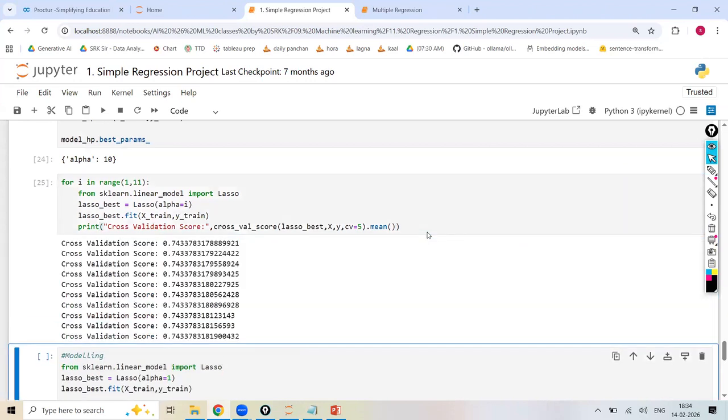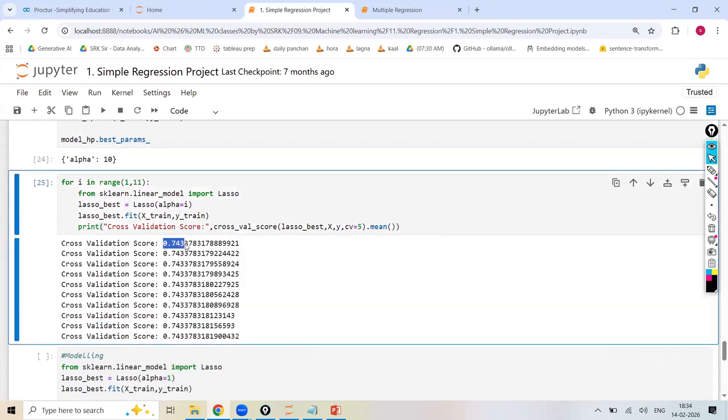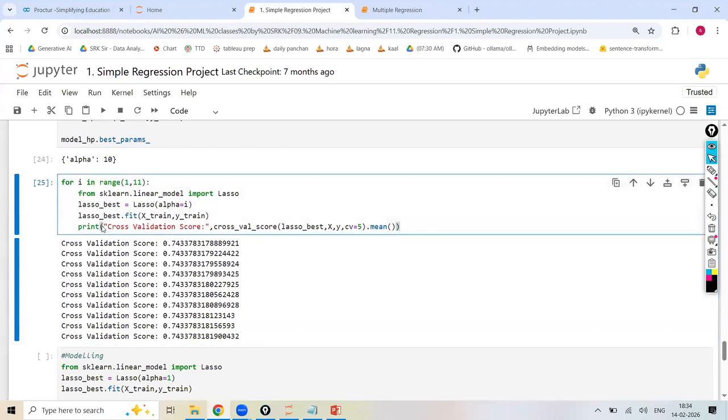Now, if you observe, for alpha equal to 1, what is the CV score? Okay, let me print like this. Let me print what the alpha values are: your alpha value is i, and your CV score.